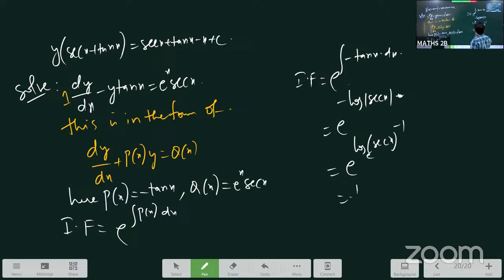That is nothing but 1 by secant x, that is nothing but cos x, because e to the power log f of x to the base e is f of x. So I got cos x, right?